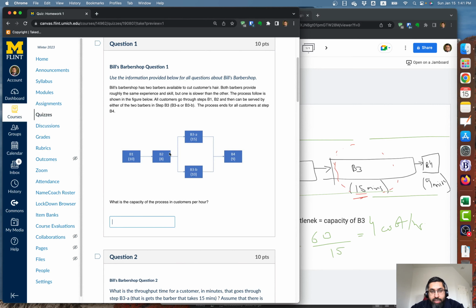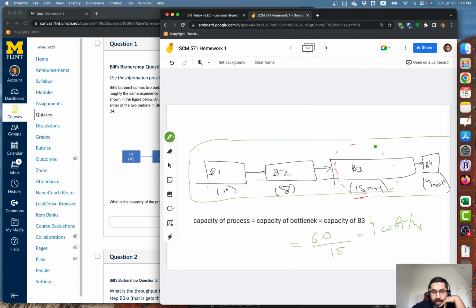So what's happened here is that we have hired a second barber, which is barber B. We had this nice clean process with a capacity of 4 customers per hour, and we realized that step B3 is a bottleneck, so we hired a second barber. The original B3 became B3A, and then up here we added a B3B. That's the second barber.